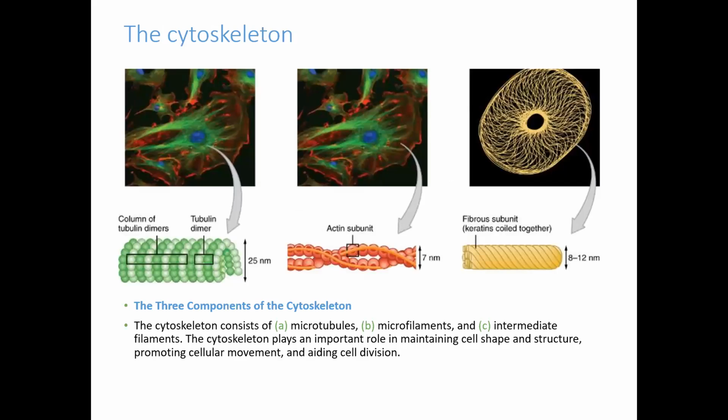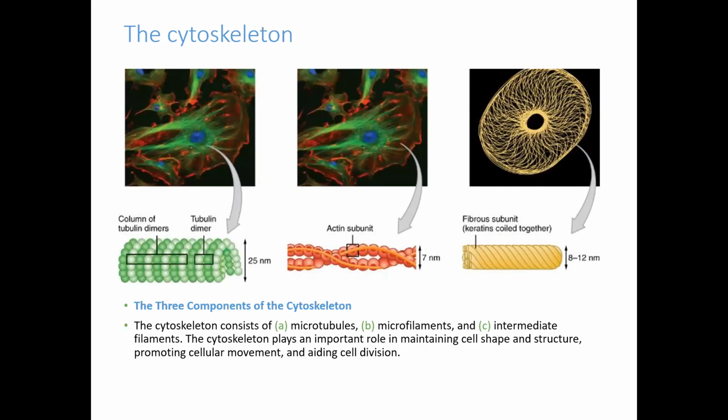So the 3 components of our cytoskeleton are the microtubules, the microfilaments, and the intermediate filaments. For example, what is a microtubule? Well, spindle fibers.